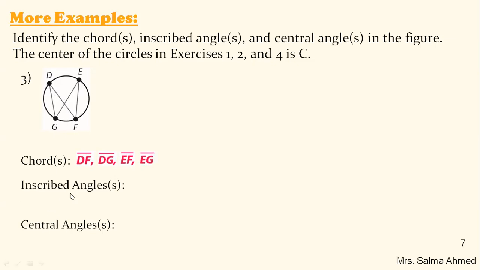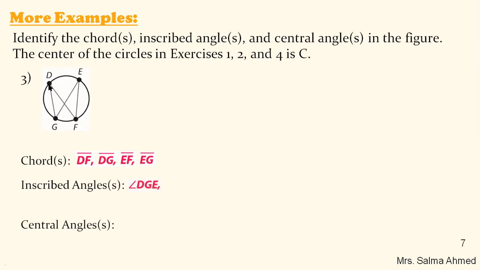What are the inscribed angles? The inscribed angles have the vertex on the circle. So here I have an inscribed angle, GDF, and another one here down, angle G, DGE. We have another one here, GEF, and the one down at F, EFD.